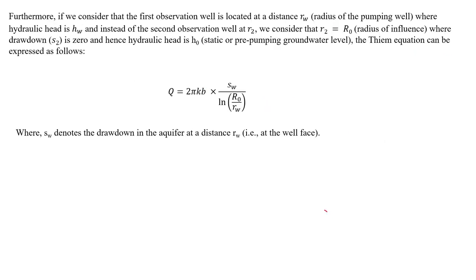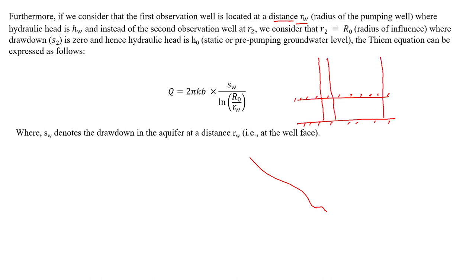Now suppose we consider the first observation well located at a distance of rw. Rather than that, we take one well in a confined aquifer, and this is another well.